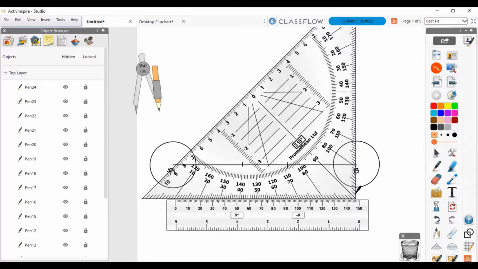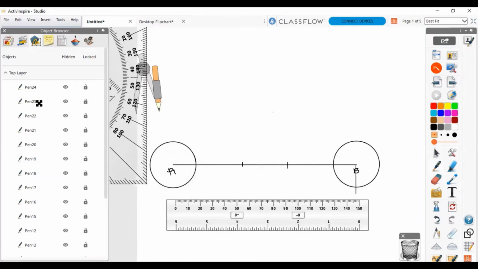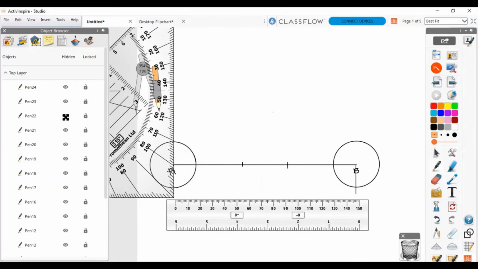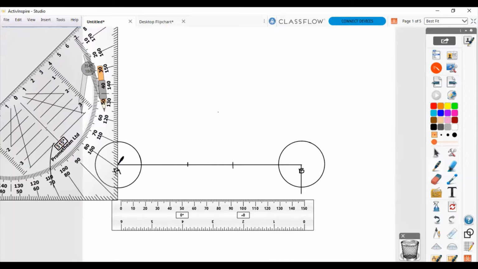From the center, point B, to the circumference of the circle, then I'll repeat the same thing here. Drag and draw my line, my perpendicular. I can construct my perpendicular. There it goes.